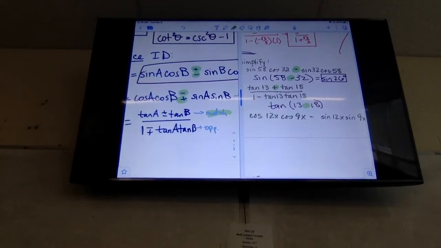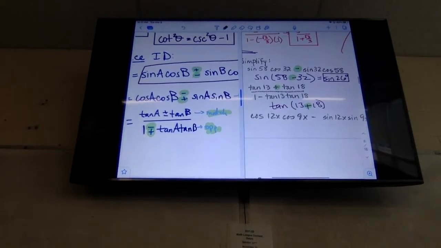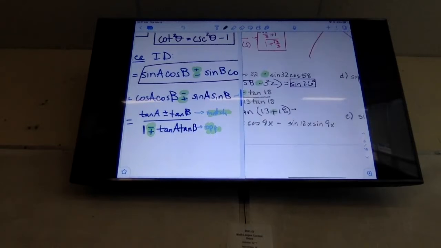So if a plus is what's given to me, I'm going to do a minus. If a minus is what's given to me, I'm going to do a plus. So since there's a minus on bottom and a plus on top, we have to match the top and go opposite the bottom. So I'm going to do tan of 13 plus 18, and I believe that's 31.